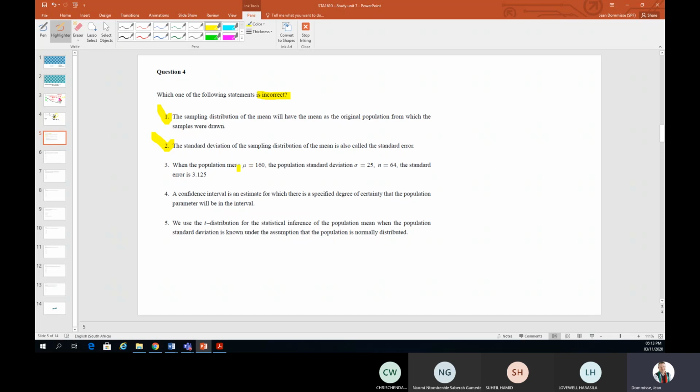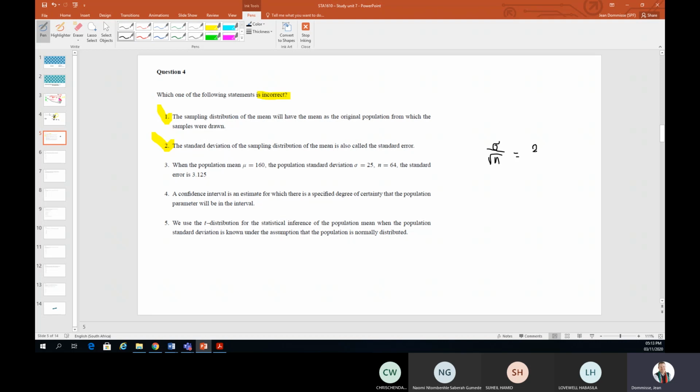When the population mean is given, the population standard deviation is given, and the sample size is given, the standard error is stated. Now this one we need to calculate. Remember the standard error is that formula.